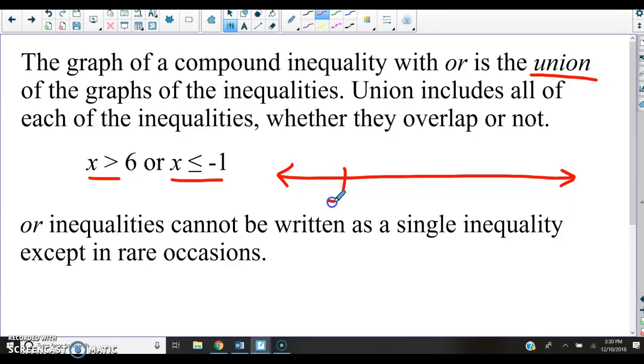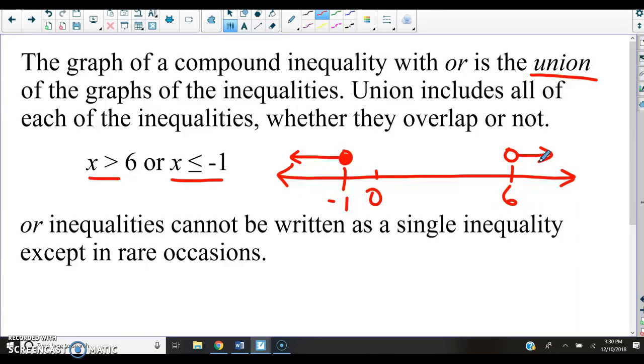So if we're less than -1, that's left of -1, and this has the "or equal." And it also says x is greater than 6. So you can pick a number greater than 6, 6.2, 7, 21, or you can pick a number less than or equal to -1, -5, whatever.